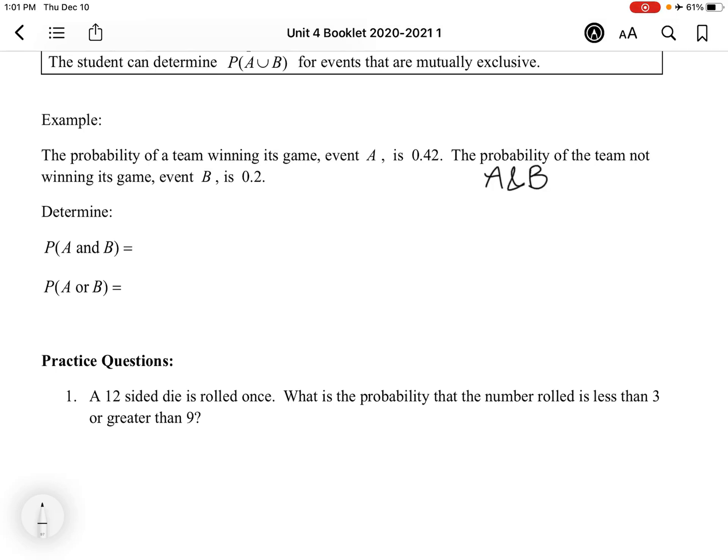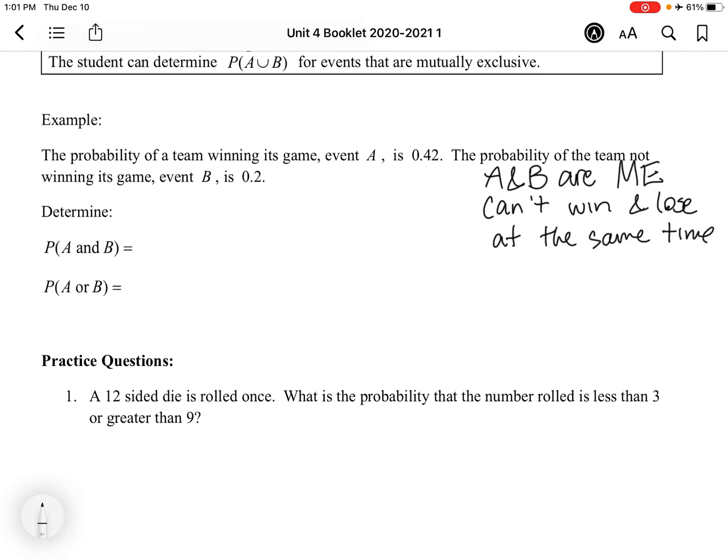So A and B are mutually exclusive, okay? Okay, so what does that mean? Well, what's the probability of A and B? What's the probability that they both happen? They can't both happen. So the probability that they both happen is 0.